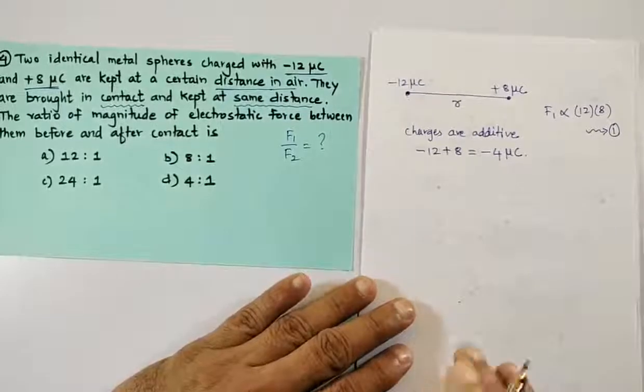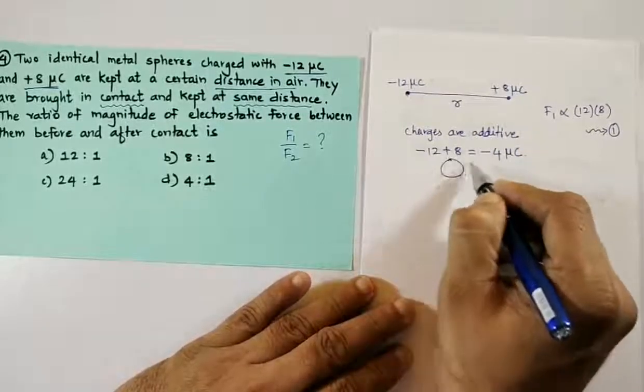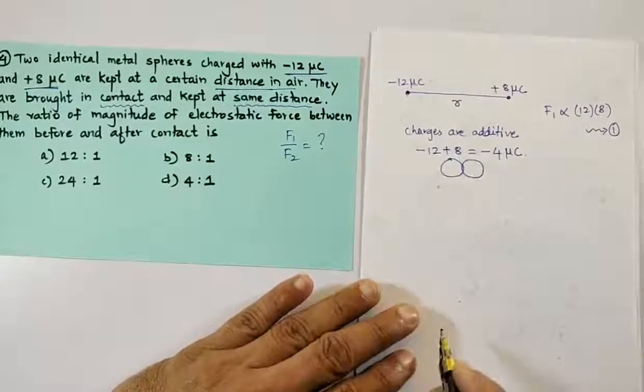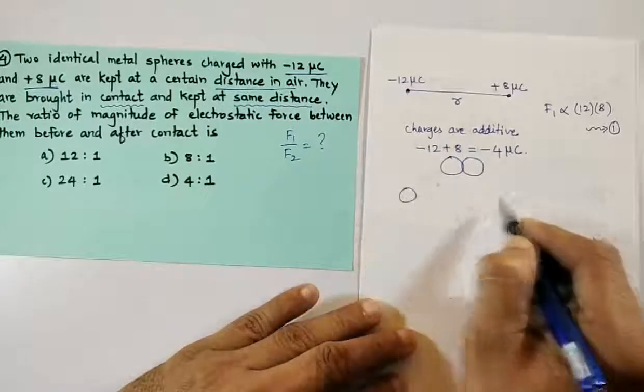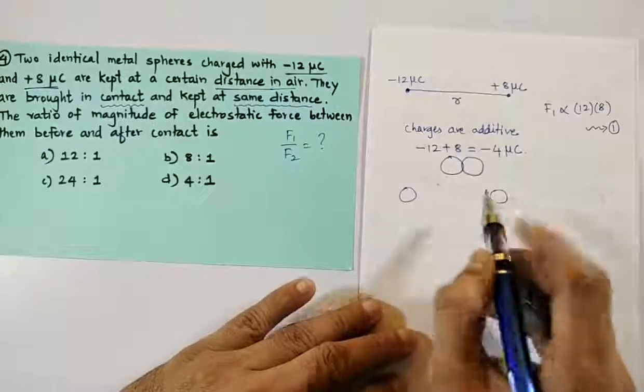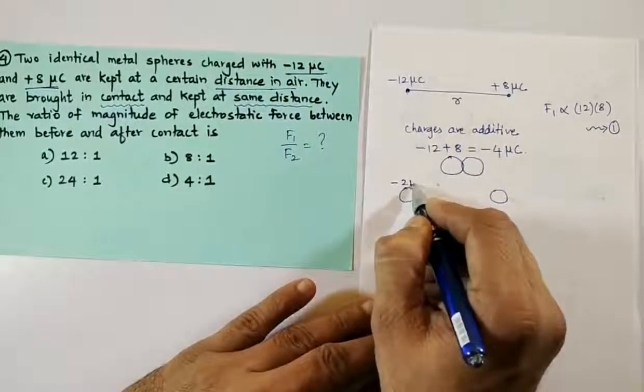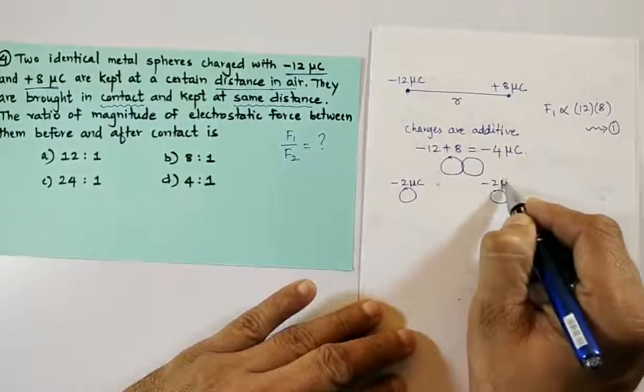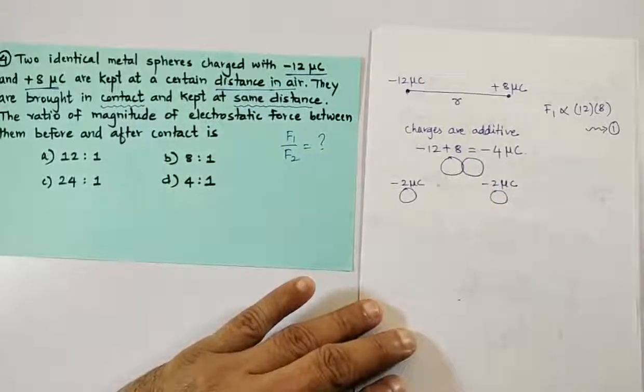Again, when you separate these two, this will be equally divided among the two spheres, means this will have minus 2 microcoulomb and this will have minus 2 microcoulomb.